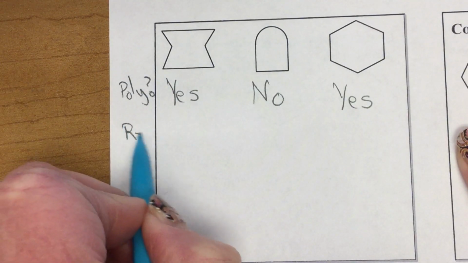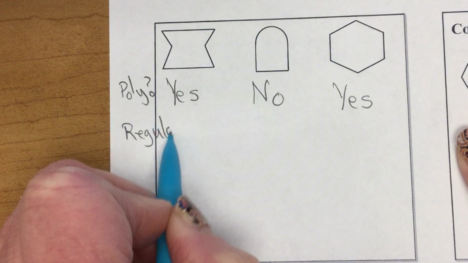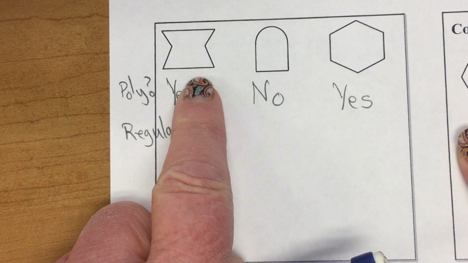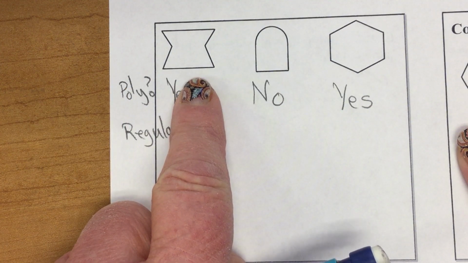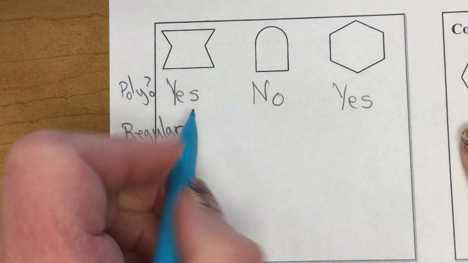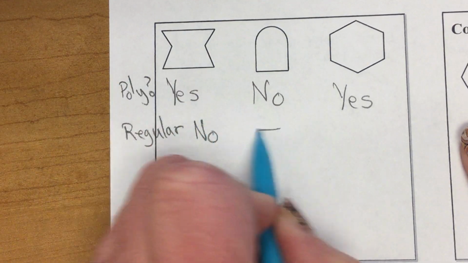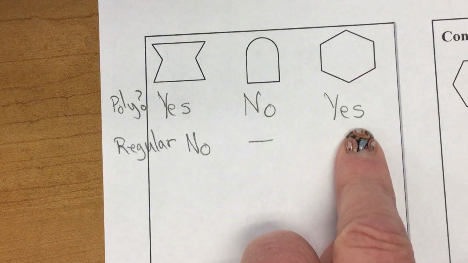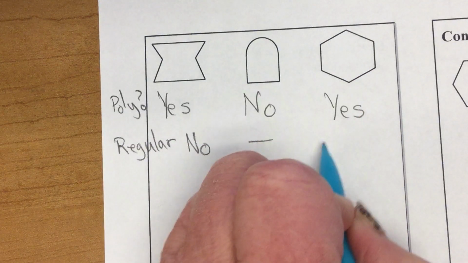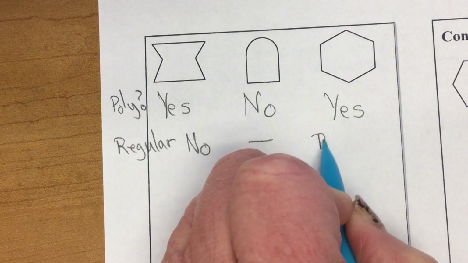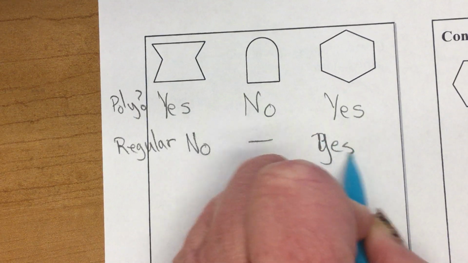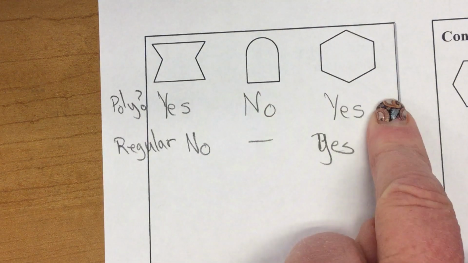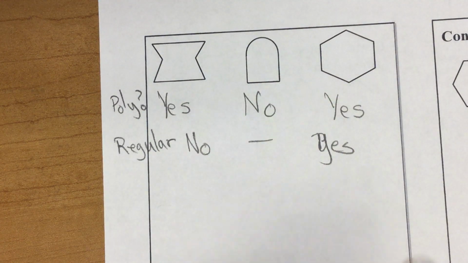Now, is it regular? Is this a regular polygon? Are all the sides the same length? No. I can't answer that because it's not a polygon. Is this a regular polygon? Yes. It's regular. All sides the same, all angles the same.